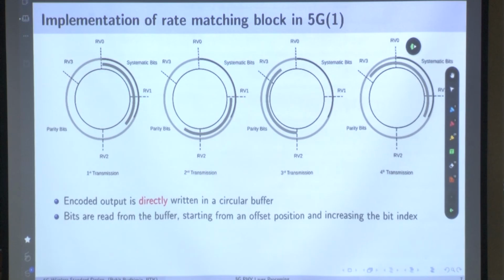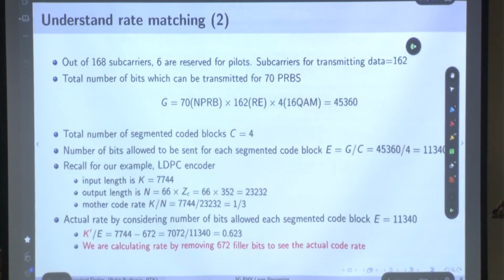This is E. What is E? E is equal to G by C. Remember this. You are supposed to be reading only E bits. For each segmented code block, you are allowed to transmit only E bits.